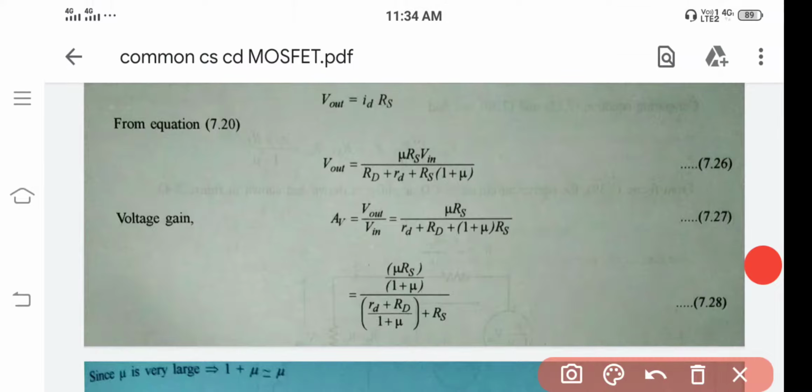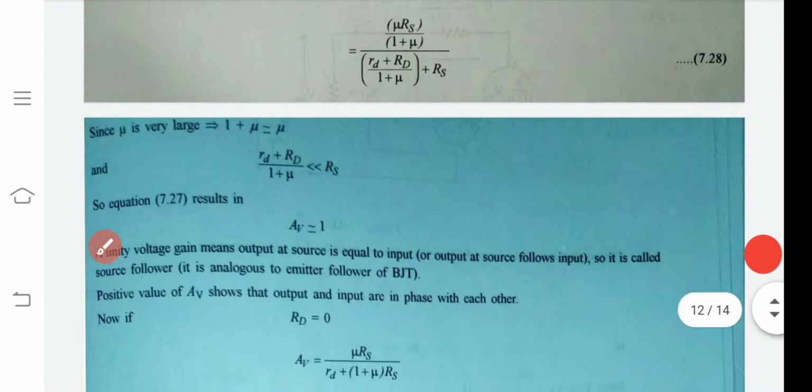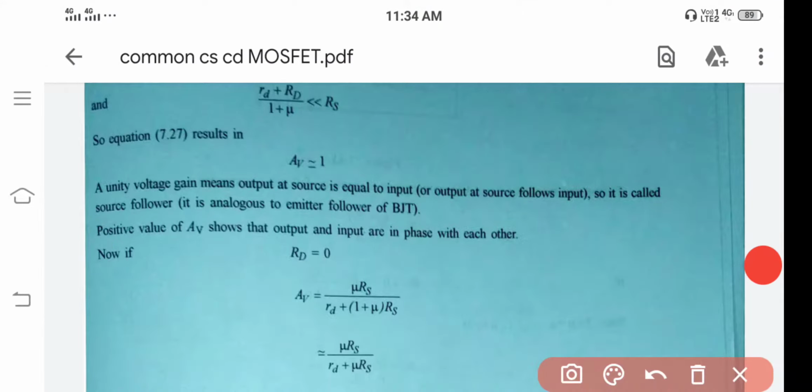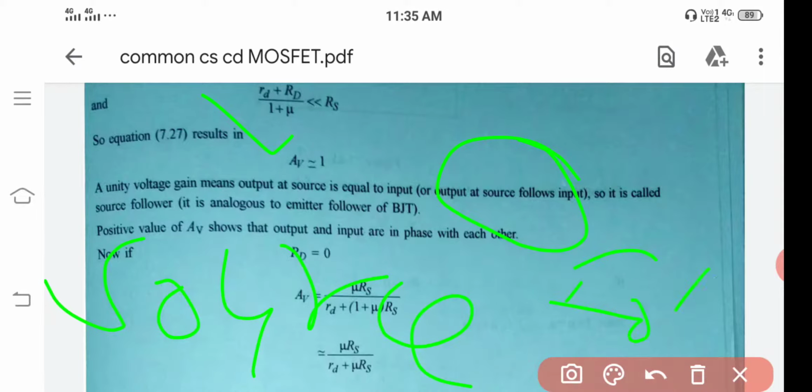This is the output voltage and voltage gain. Voltage gain is approximately 1 for common drain. So common drain works as a source follower. We use it as a source follower circuit.